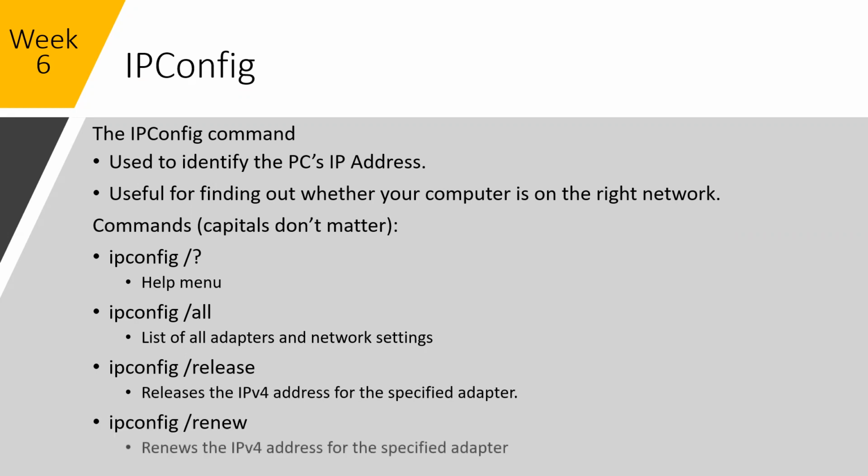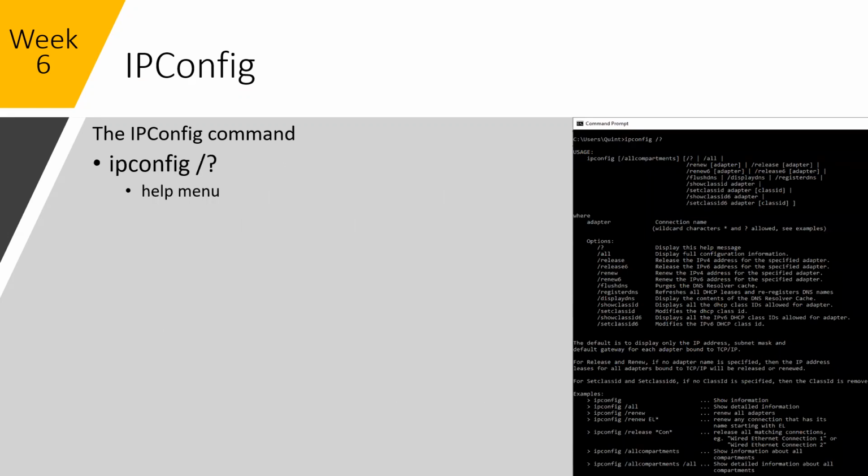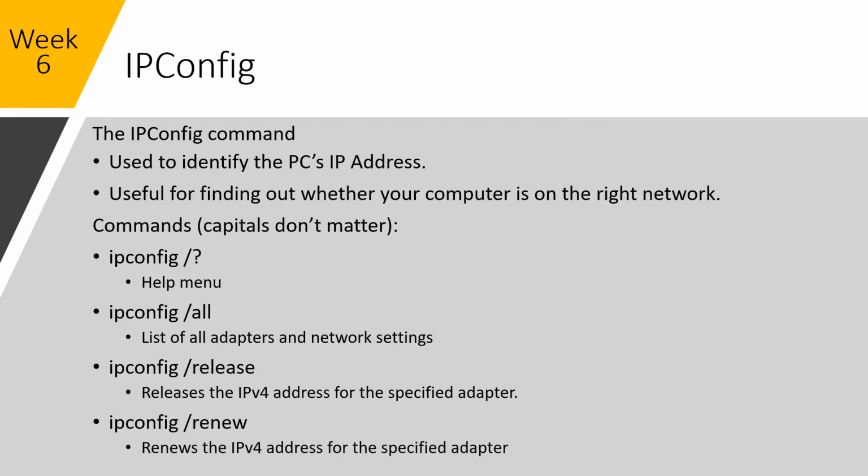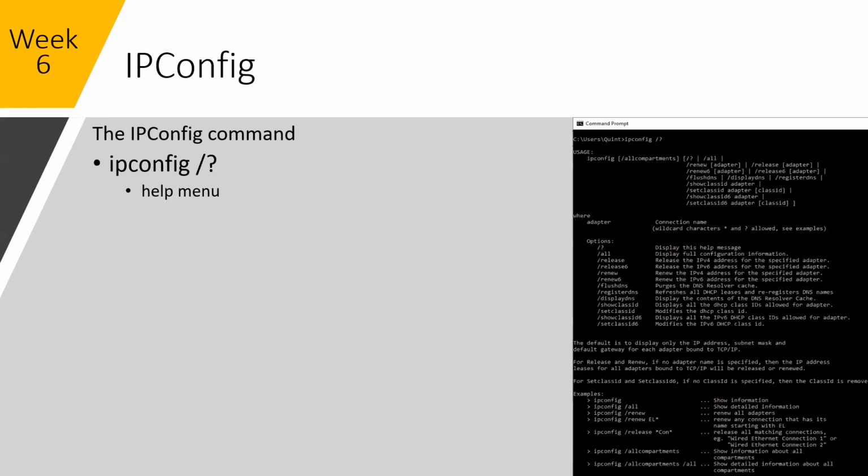And then renew, you can request a new IP address from a machine. That might be useful. Let's say you rebooted your router and your computer thinks its lease is still good for another week when it's not. You can release it and then request a new one from the rebooted router.